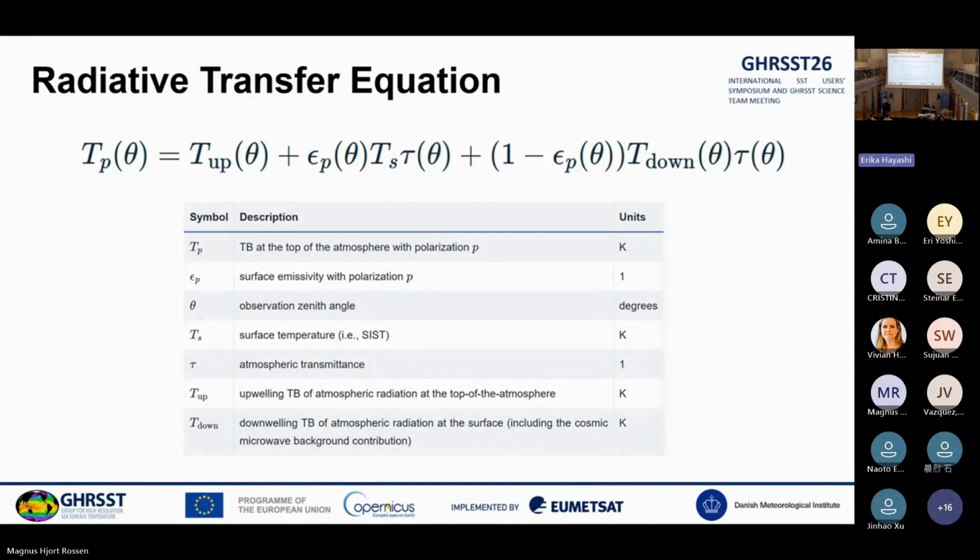The second term, epsilon Ts tau, is the surface signal emitted from the ice surface. The third term is related to the surface-reflected downwelling atmospheric radiation. So what we want to know is Ts here.